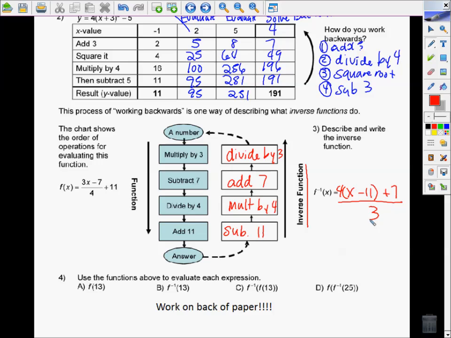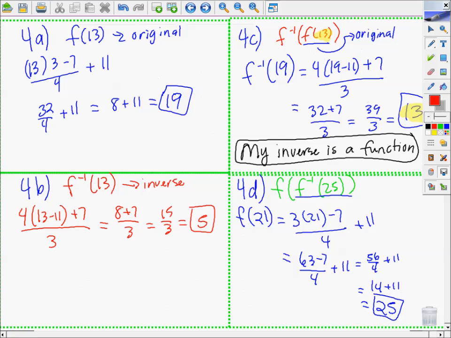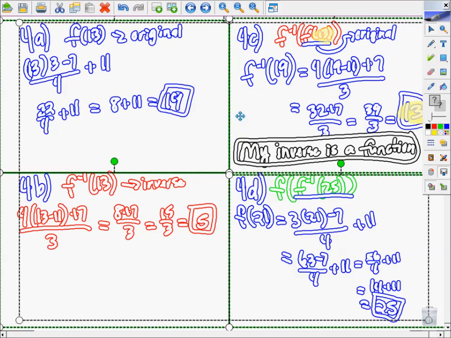Yes? Alright, so on the back of your paper, I want you to split it into 4s. Hi, Shaterica.